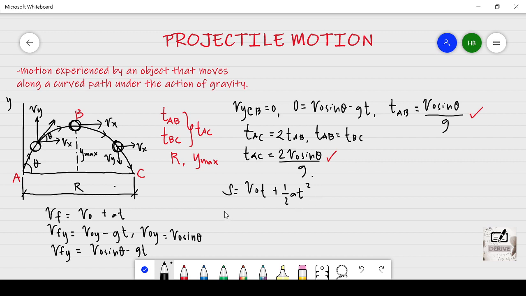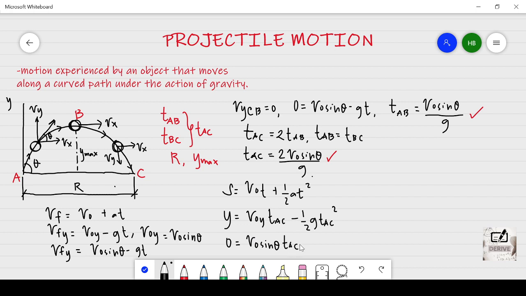So just replace it by Y is equal to VOy TAC minus 1/2, of course use G, TAC squared. Since our time here is from point A to point C, of course our Y at C is 0 kasi nasa ground na siya. So VOy, what is your VOy? VO sin theta.